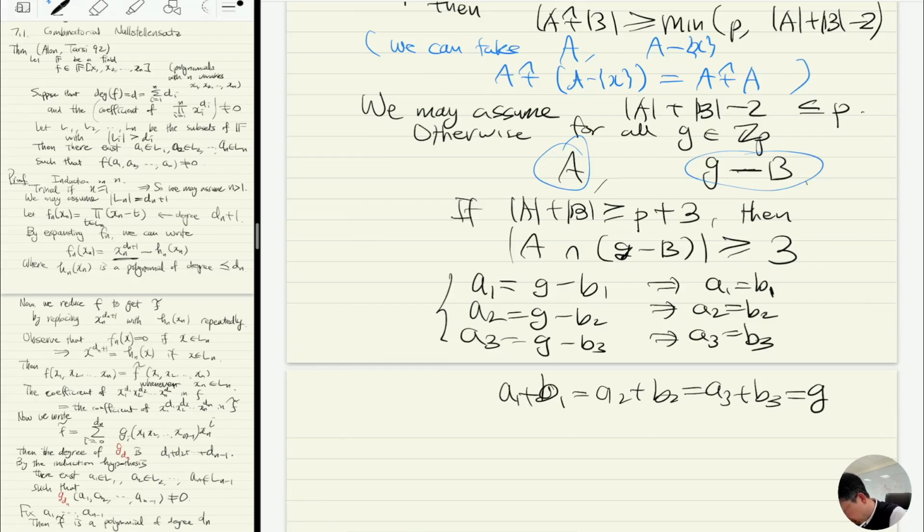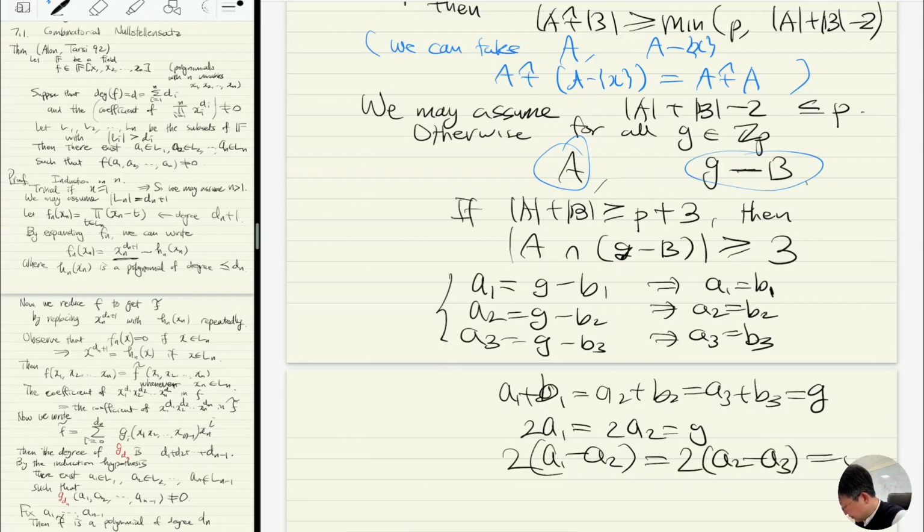Maybe I'm wrong. The thing is, twice a1 is equal to twice a2 is equal to g, so this means that a1 minus a2 and a2 minus a3, all of them are equal to 0.